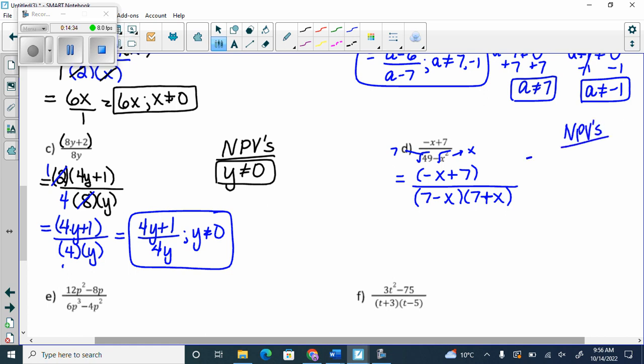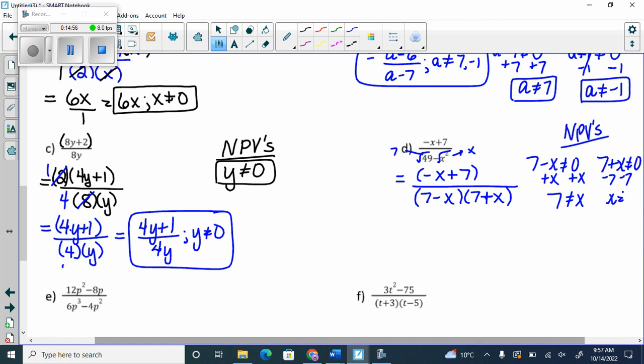So I'm going to go 7 minus x can't equal 0, and 7 plus x can't equal 0. So here I'm going to add my x over. So I'm going to get 7 can't equal x. And this one I'm going to subtract my 7.